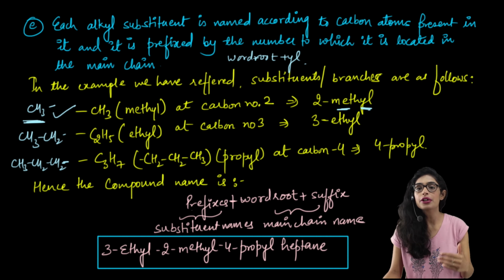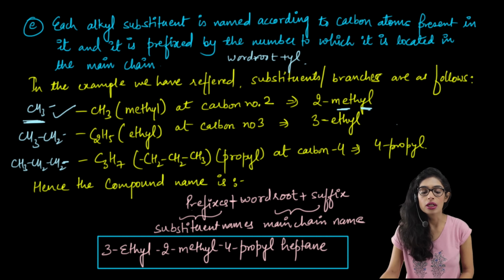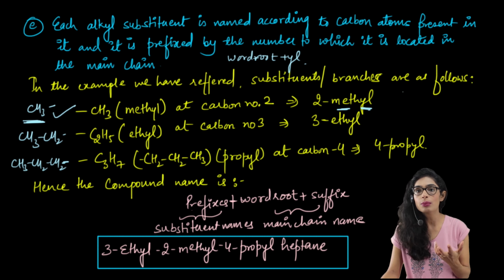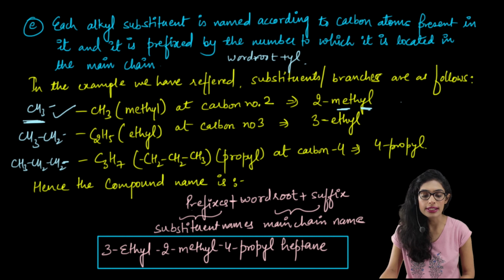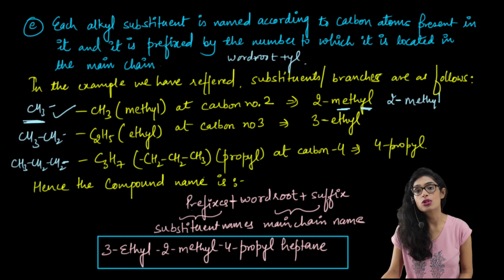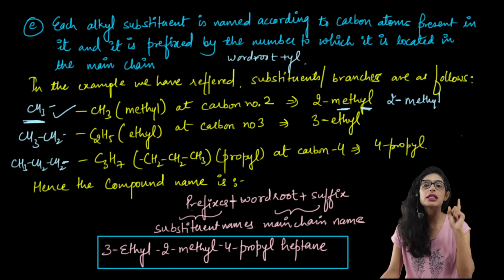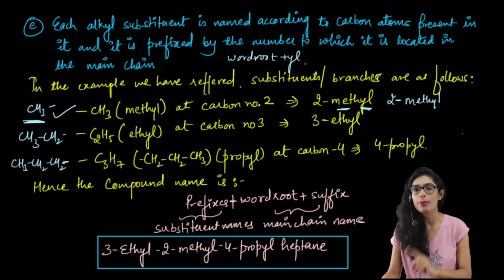You would be writing it in your notes. You can see in the compound, it is positioned on the second carbon. So how will we write the complete name of the branch? We will write its position, hyphen, name. The position is second, where it is placed, then hyphen, and then the name of the branch, methyl. Meth because it contains one carbon, -yl because it is a branch.